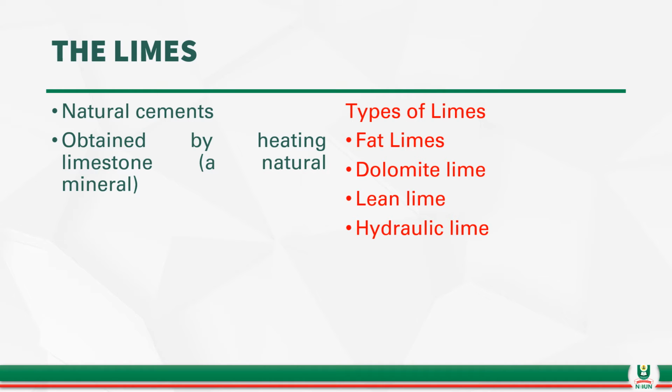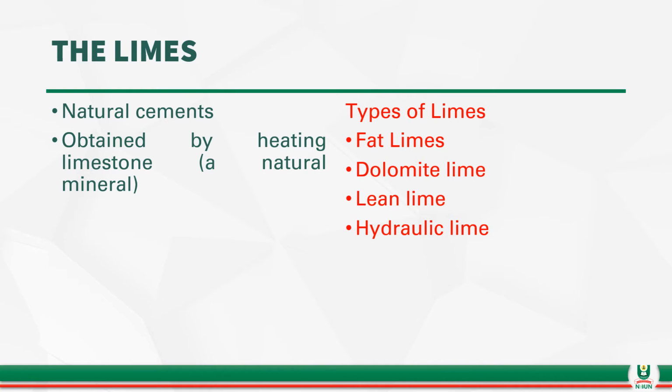So when dolomite is heated in a limited supply of air, dolomite lime is produced, and it contains about 30 to 40% of magnesia, which is magnesium oxide, and it slakes very slowly with a lesser amount of heat involved, unlike the fat limes that slake very rapidly when in contact with water.